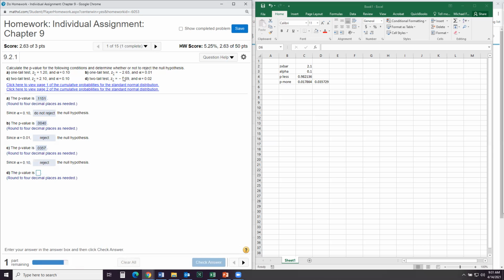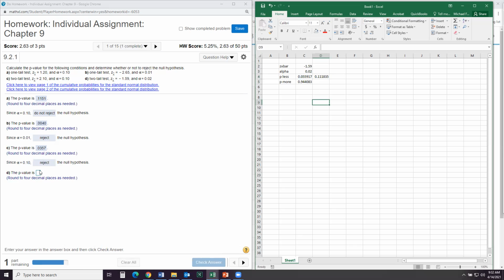All right, last one. Again, a two-tailed test, negative 1.59. Our alpha is 0.02. Same thing, because it's negative, we're looking at less than, so we're going to say it equals 2 times the probability that it's less than.